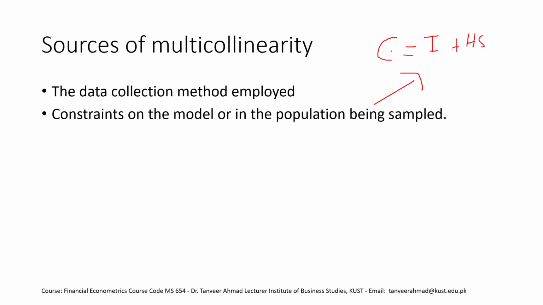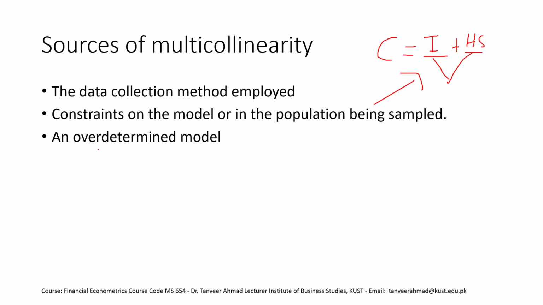Now you would see that these two independent variables, the income and the house size, from our understanding, we know that people with higher income levels would probably have a larger house size, so they might probably be related. So this is the constraint in the model that is causing multicollinearity. If we had not incorporated these two variables, and instead of house size we had incorporated some other variable, then that multicollinearity would not have occurred. So multicollinearity in some cases might be due to constraint in the model.